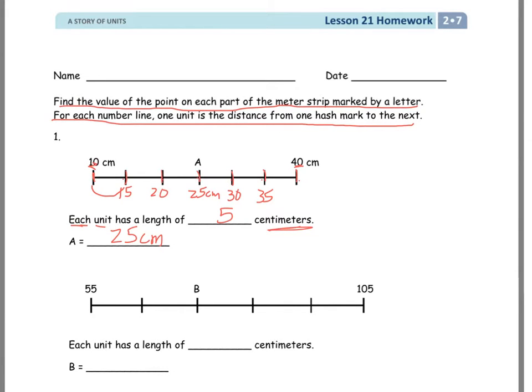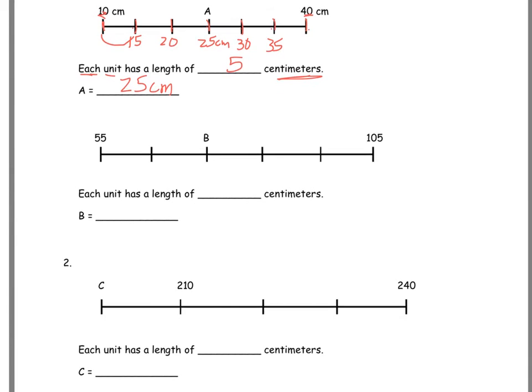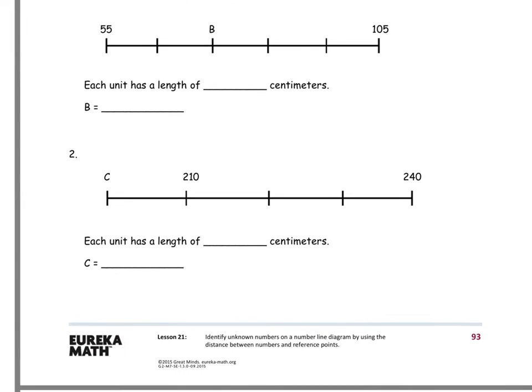So let's check down. Let's go to 2. And this one's kind of an interesting one. So let's start with the number that we're given. It's the same thing. This is 1 unit, but we got to figure out how much that 1 unit is worth. So we got 210 and we're trying to get to 240.